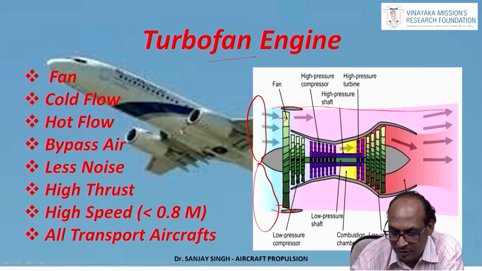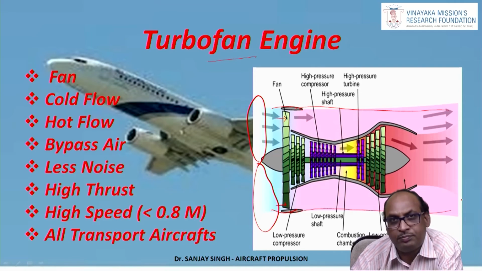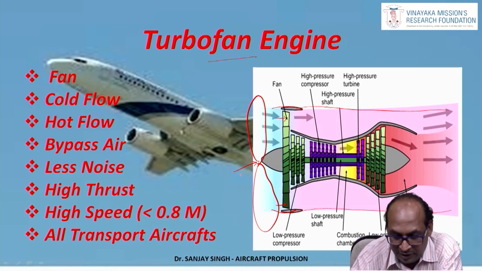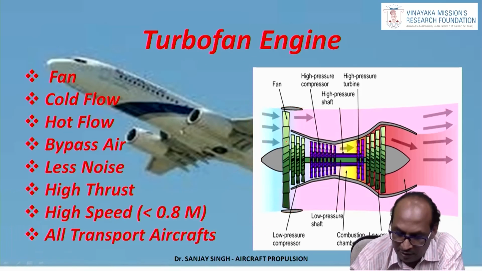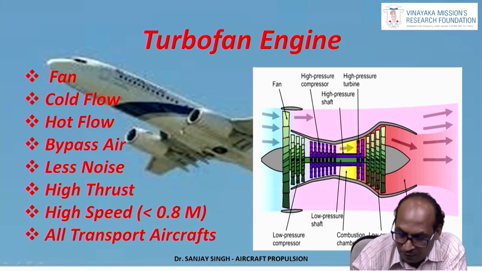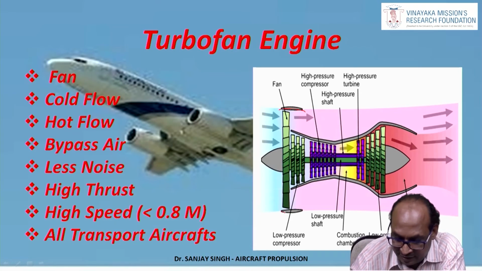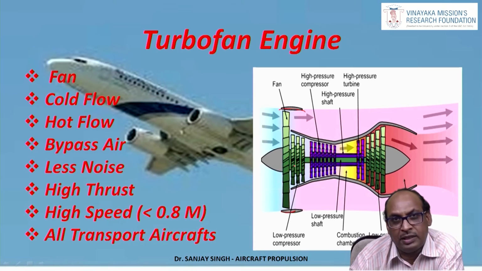This is the engine which is enclosed in the duct. So the turboprop's limitation has been overcome by using a fan. So the fan is inside the duct, and that fan is fitted in front of the compressor.